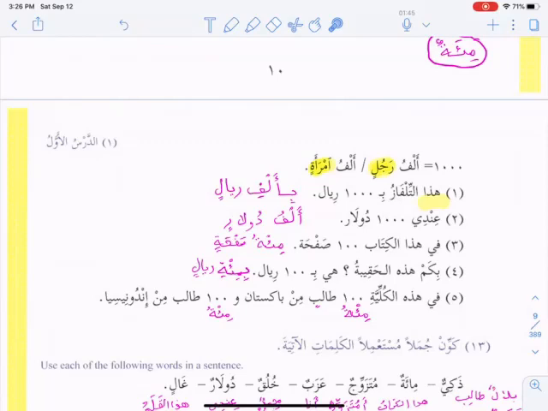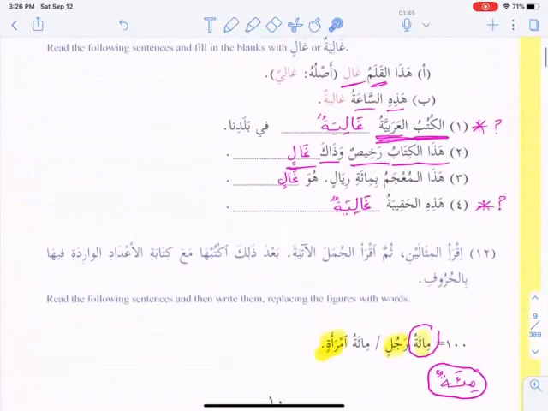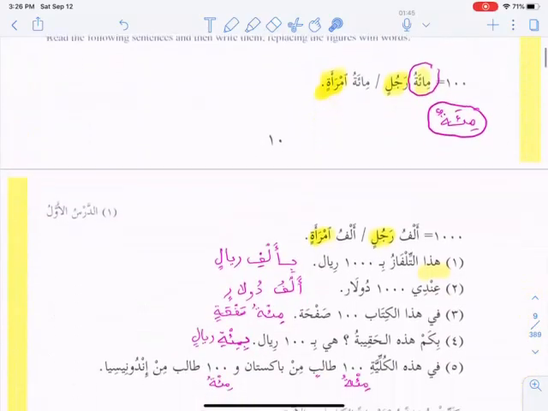Alfu became alfi riyalin. How much money do you have? Indi alfu dolarin. I have $1,000. Did you get the idea? Fi hazal kitabi, in this book, there are miyatu safatin. Miyatu, no, I did not write it down properly. I think I should not goof in my spelling.